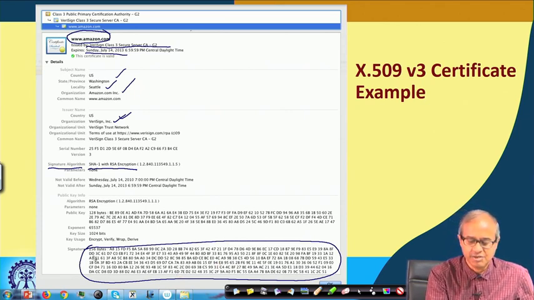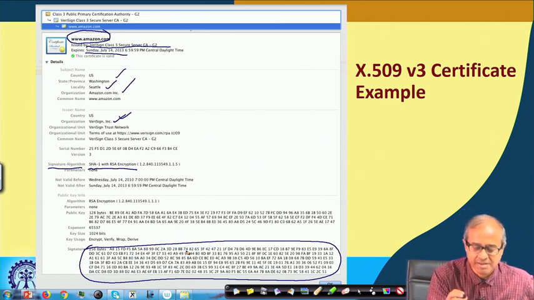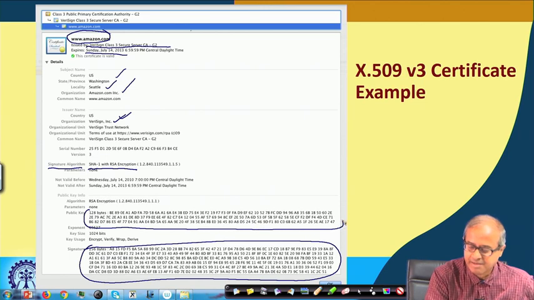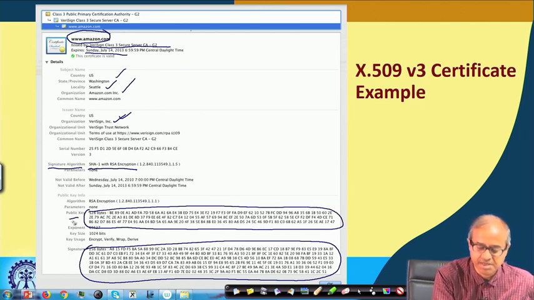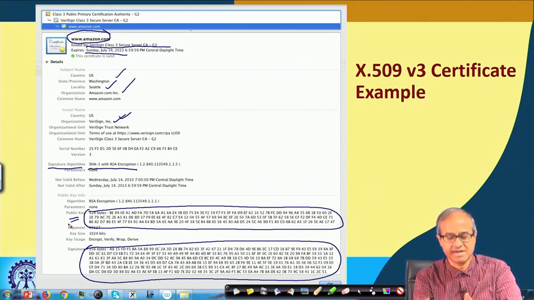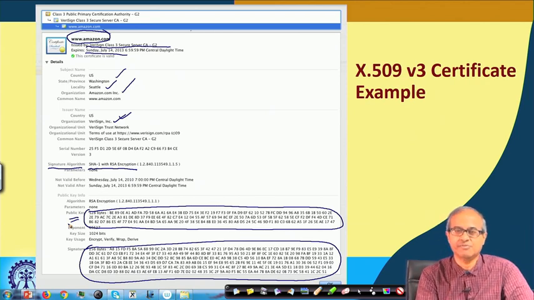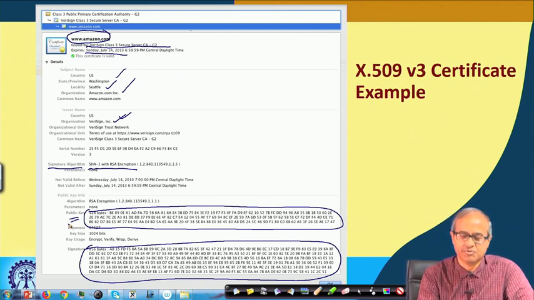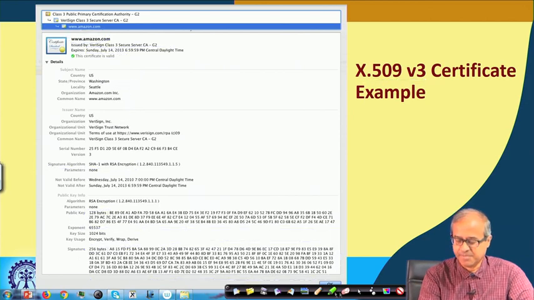It generates a 256 byte signature. And you have the public key here. This is the public key. Public key is what you are interested in ultimately, but for verification that you are getting the correct public key, you have some other information along with the certificate coming to you. So, this is how a certificate looks, and this is part of the X.509 standard. Okay.